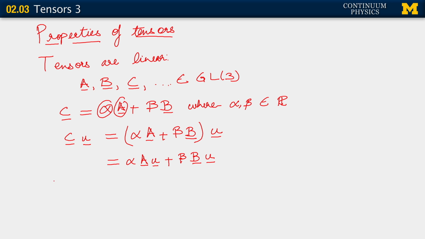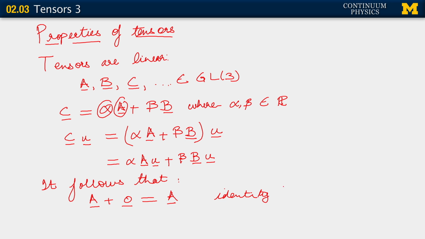With this sort of property, many other things also follow. For instance, if we write A plus the 0 tensor, this is equal to A, and this is the identity of addition.